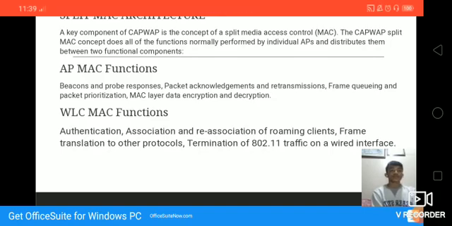AP MAC functions: beacons and probe responses, packet acknowledgements and retransmissions, frame and packet prioritizing, MAC layer data encryption and decryption. WLC MAC functions: authentication, association and reassociation of roaming clients, frame translation to other protocols, termination of 802.11 traffic on a wired interface.